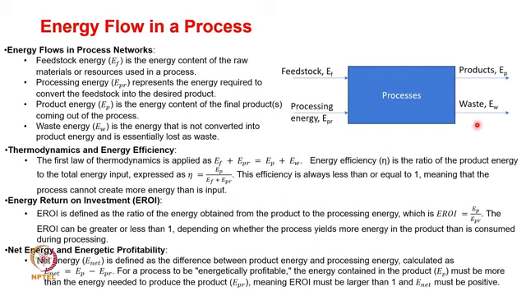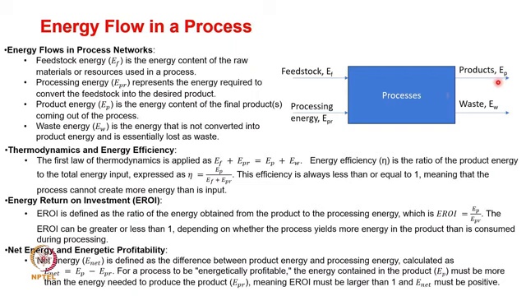If it is a process, there would be a feedstock energy, which is the energy content of the raw material, typically represented using EF, and you need to process the feedstock in the process. This is what we call energy processing, which is EPR, which is required to convert the feedstock into the desired product.